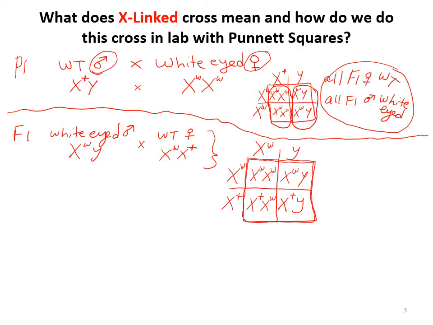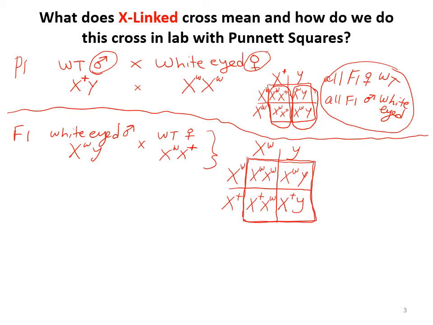So I could either ask you about the percentage of males or the percentage of females expected to look a certain way, or I could ask you the percentage of all of the offspring to look a certain way.